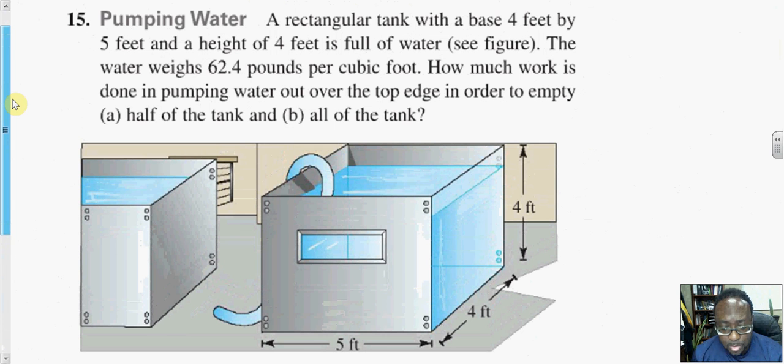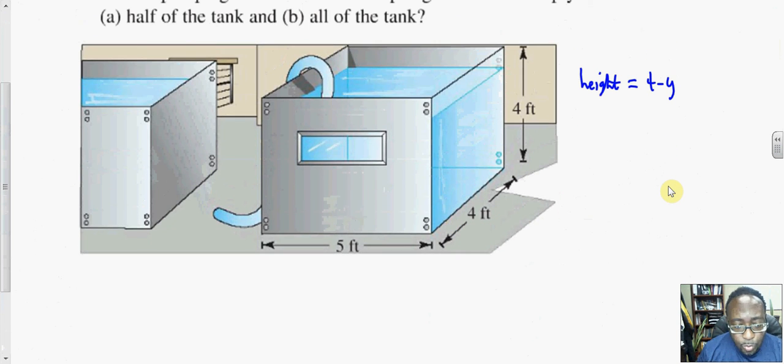Well, the base is constant, but this height is changing because water is going out. So this height is up and down, 4 minus y. We can use the volume to calculate the work.